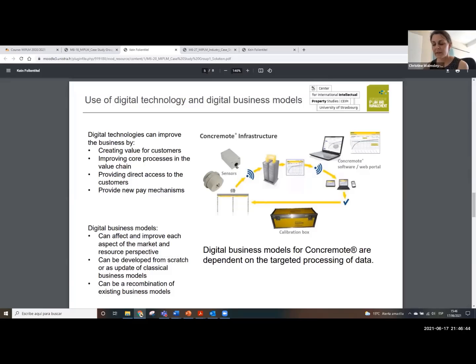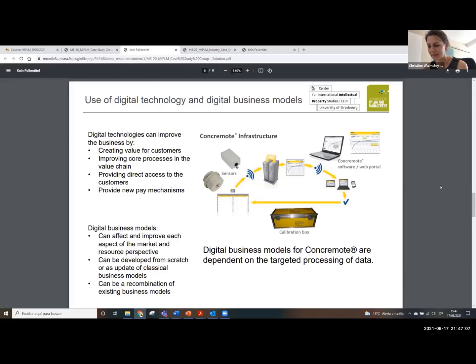Thank you. So when we discuss the use of digital technology and how we would then implement this in a digital business model, we can look at how digital technologies improve the business. Firstly, they create value for customers. That, of course, is what our IP should all be about.